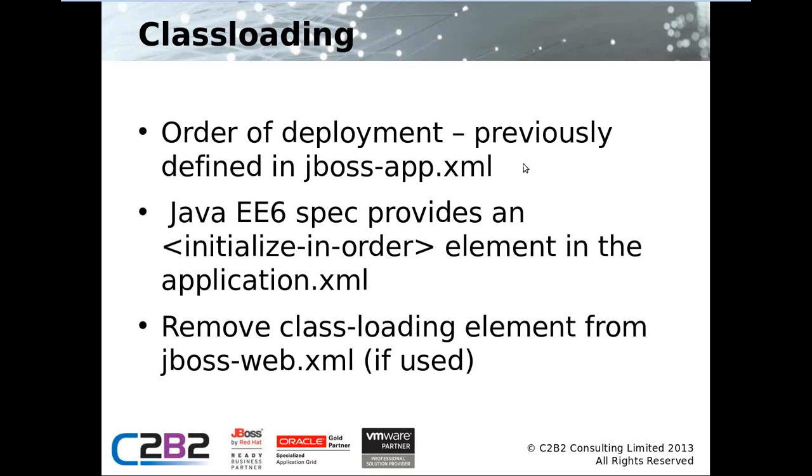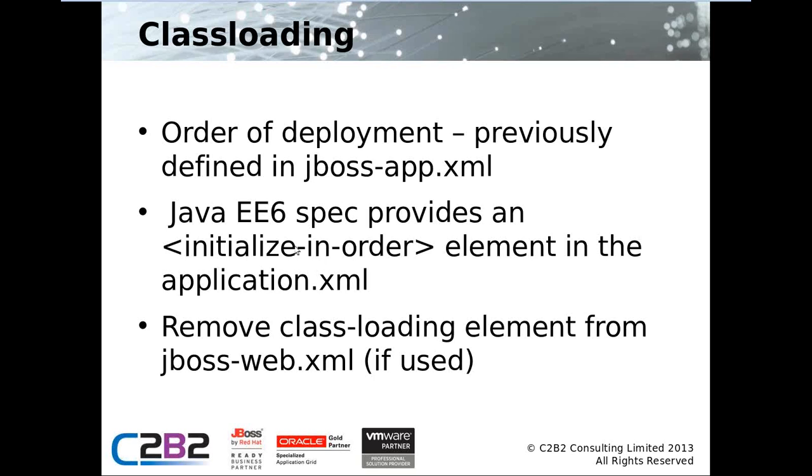Okay, in EAP5 you control the order of the deployments within an EAR through the use of the jboss-app.xml. This is no longer the case. The new EE6 spec provides an initialize-in-order element in the application.xml. And this allows you to control the order in which the modules within an EAR are deployed.